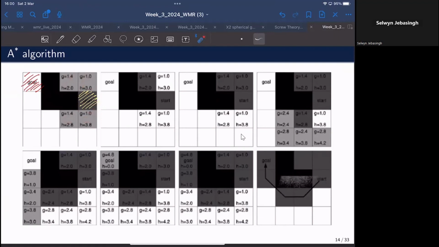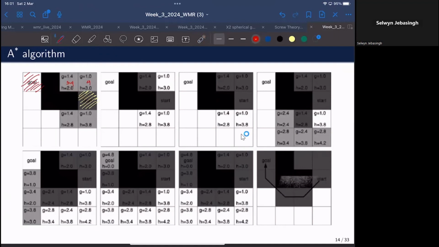And how do you propagate? So from the start node, this node will have 2 plus 1.4, that is 3.4. And to your right, it will be 3 plus 1, that is 4. So ideally, it should move from the start position to here because this has the least amount of cost.